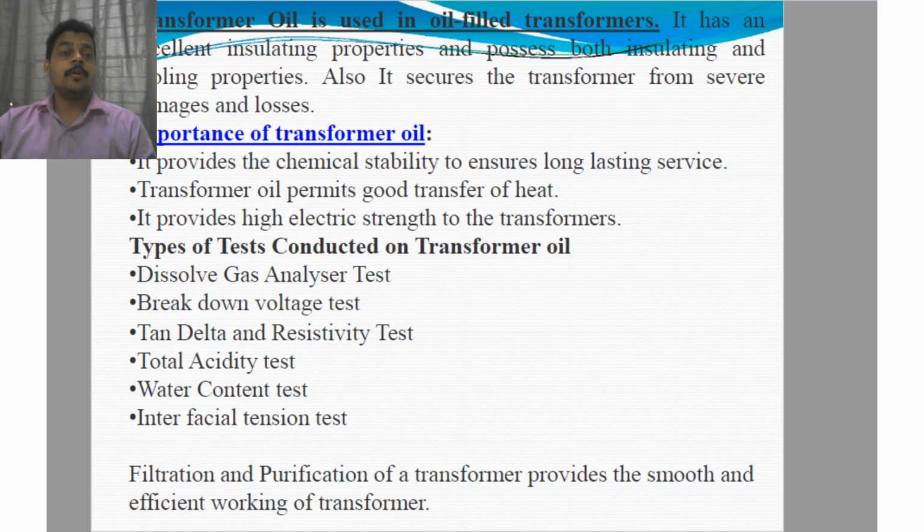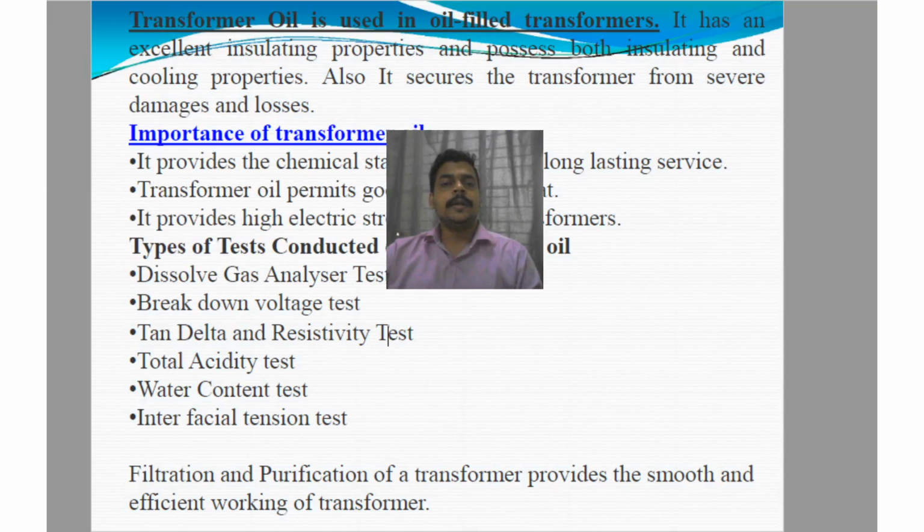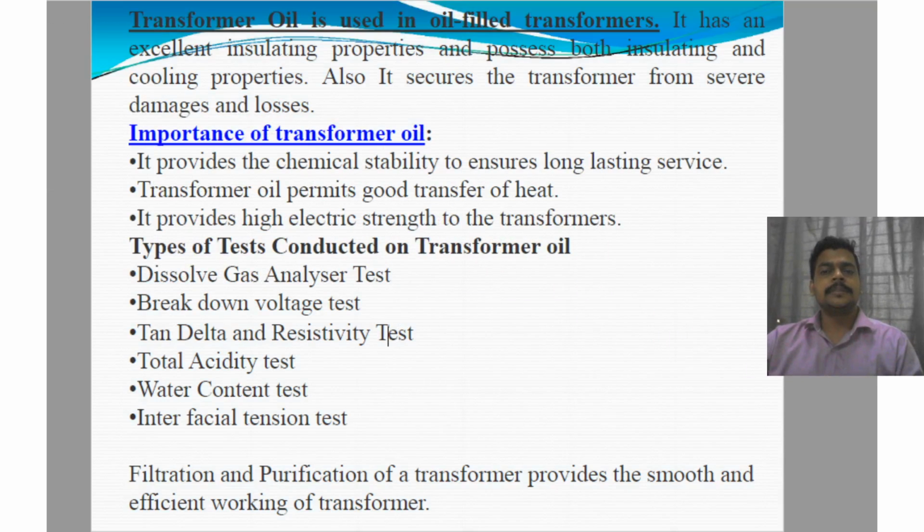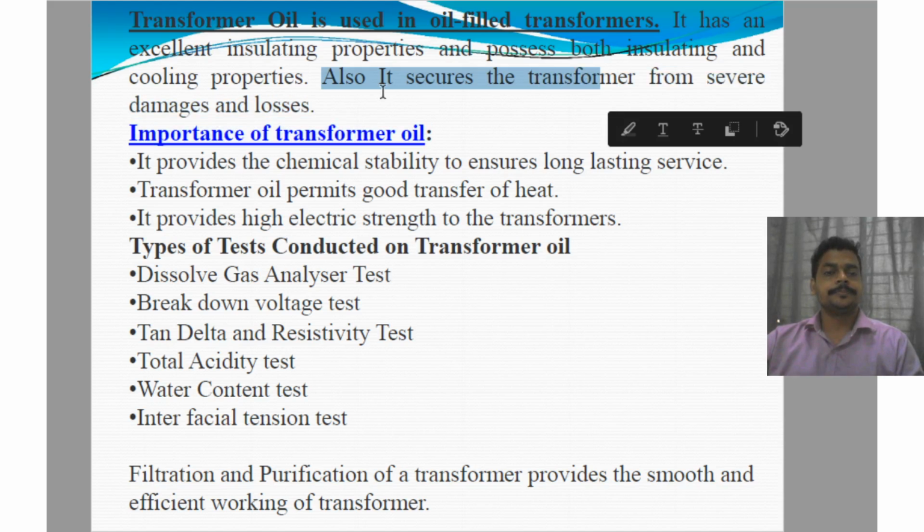We are interested in the transformer oil which is used in the oil filled transformer. This is the type of transformer, oil filled transformer. It has excellent insulating properties and possesses both insulating and cooling properties. Also, it secures the transformer from severe damages and losses.